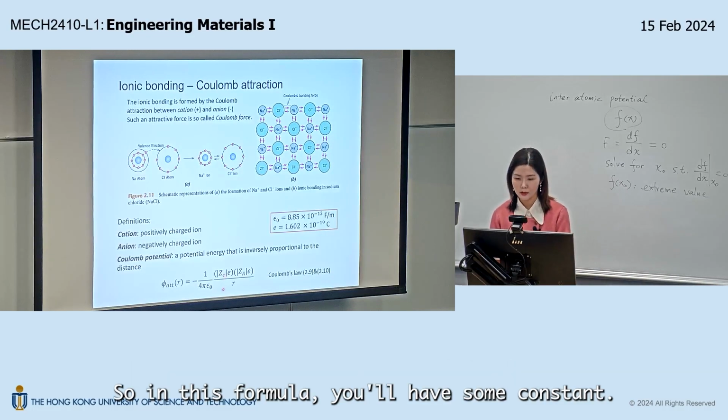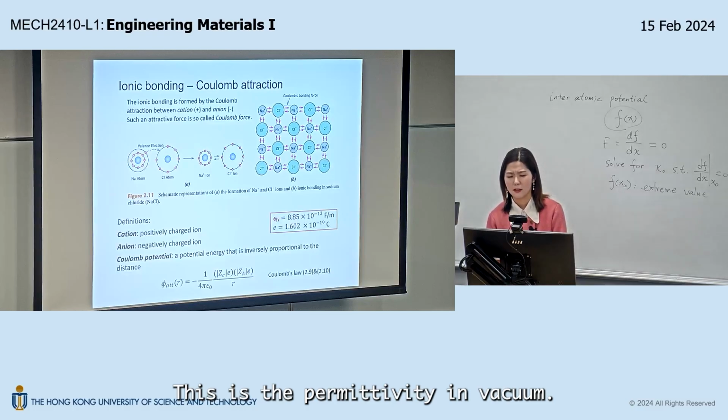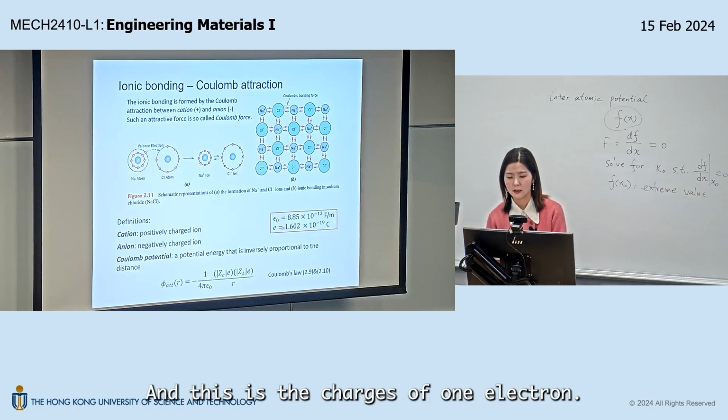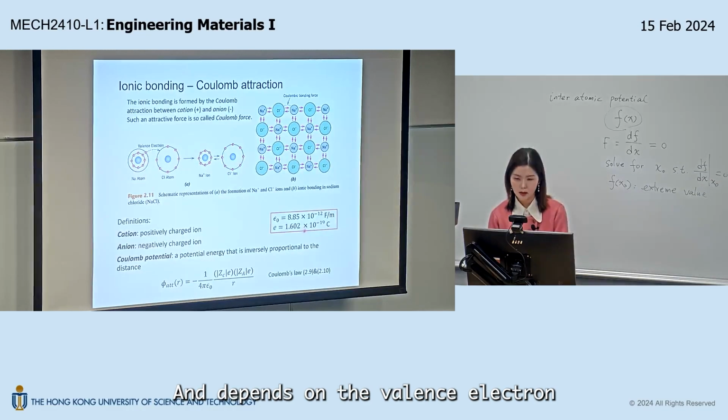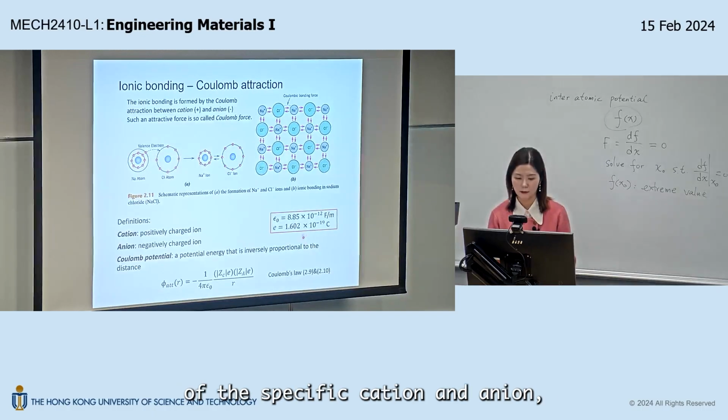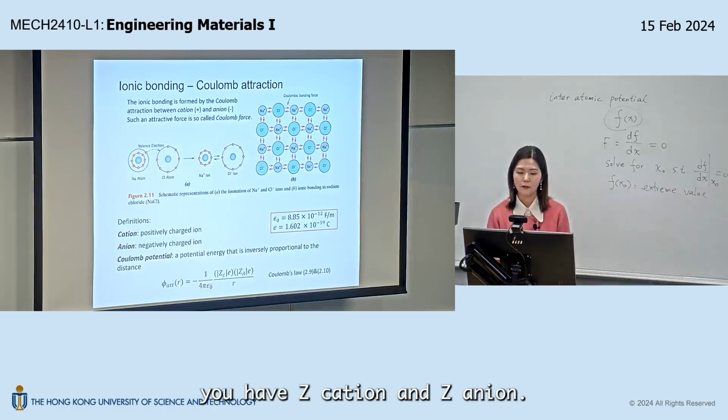So in this formula, you'll have some constant. This is the permittivity in vacuum, and this is the charge of one electron. And depending on the valence electron of the specific cation and anion, you have Z cation and Z anion.